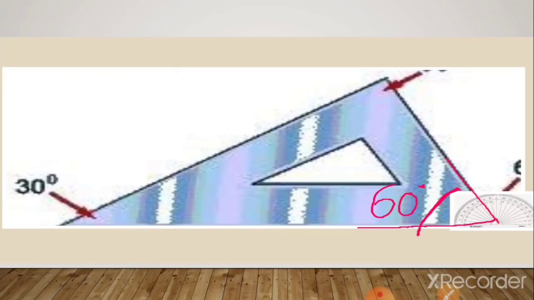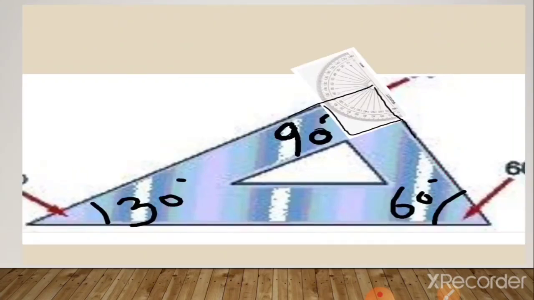Now let's see the third angle. You have to put your protractor like this. I have placed it. Again the vertex of the angle should coincide with the midpoint of the protractor, and the baseline should coincide with the 0 degree line on the protractor, right? Let's check, and you will get the angle as 90 degrees, correct?